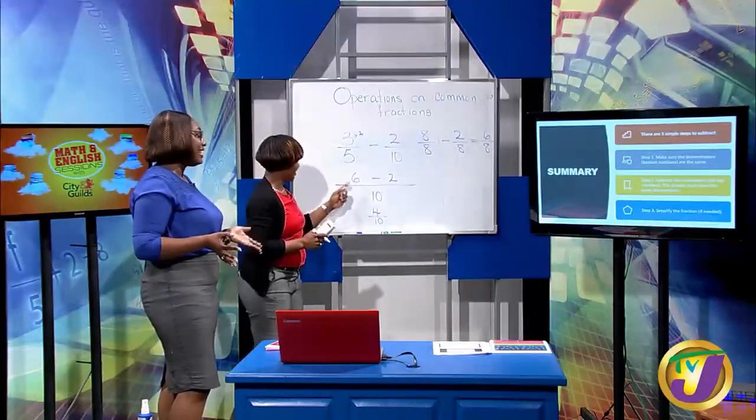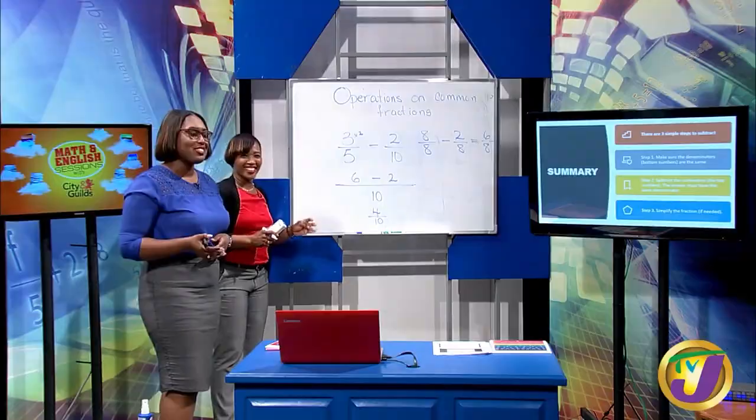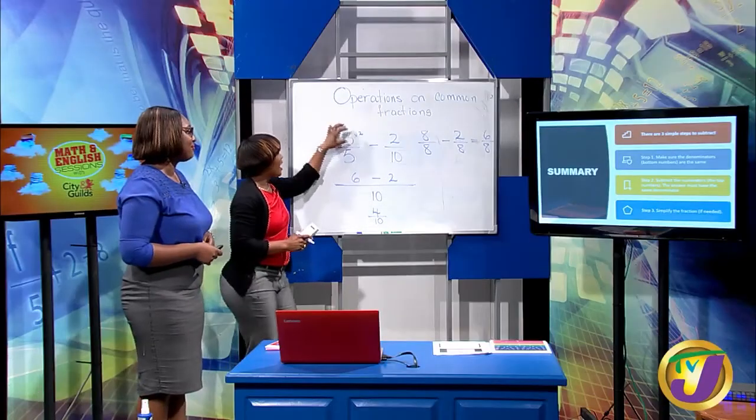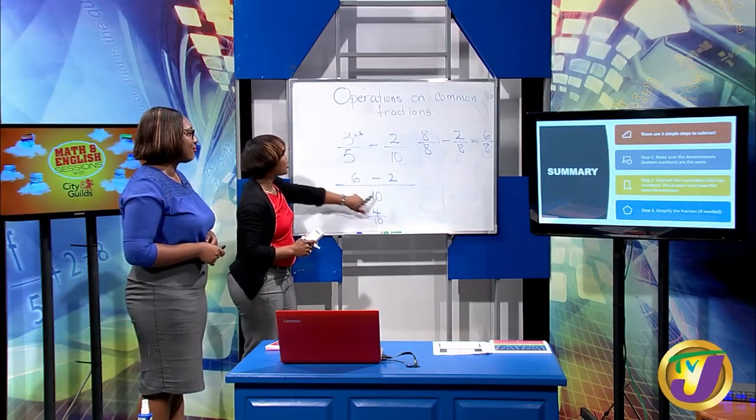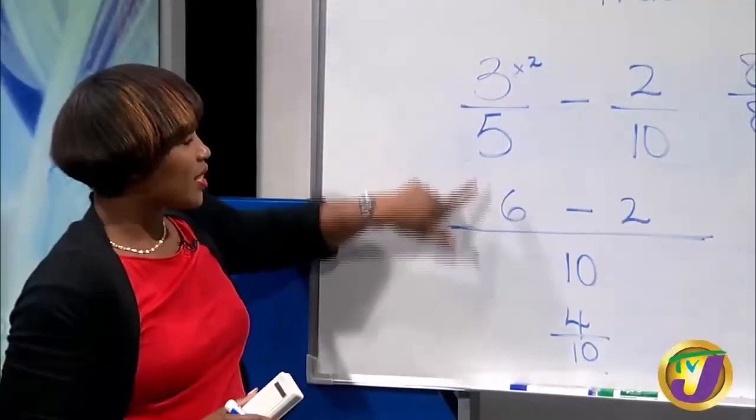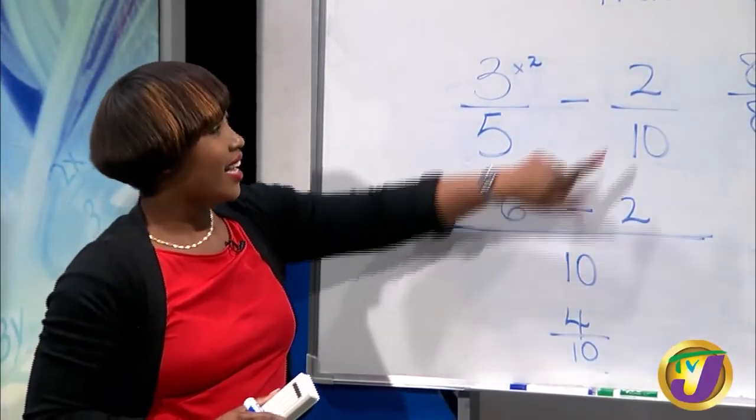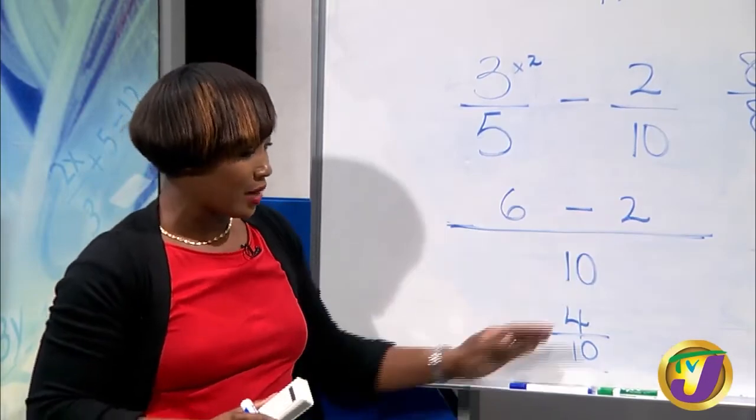So in this case, we need to form equivalent fractions. So we found an equivalent fraction in terms of tenths for 3 fifths, which was 6 tenths. And we remained with the 2 tenths, and we got 4 tenths.